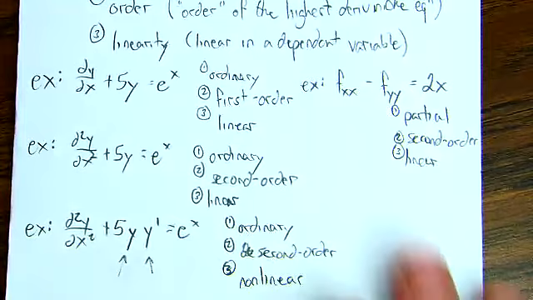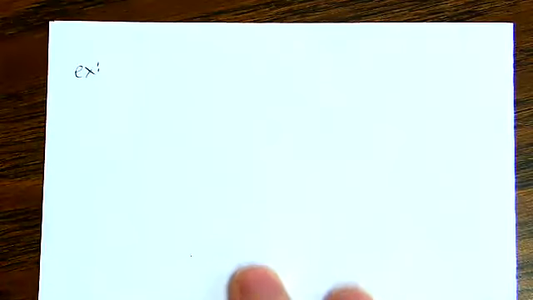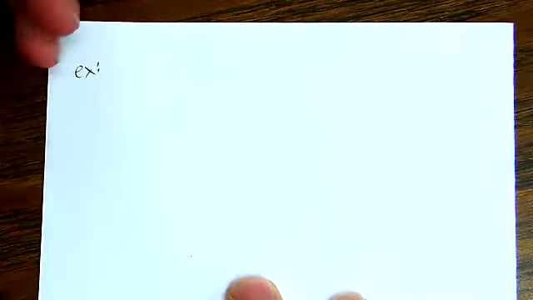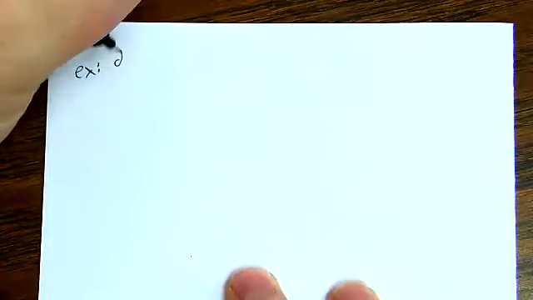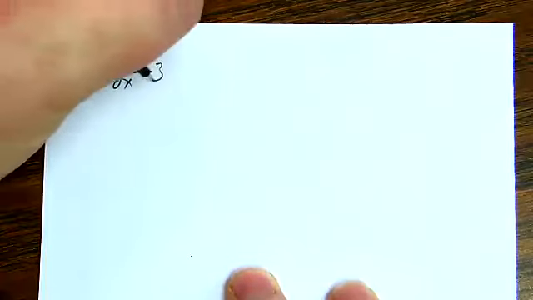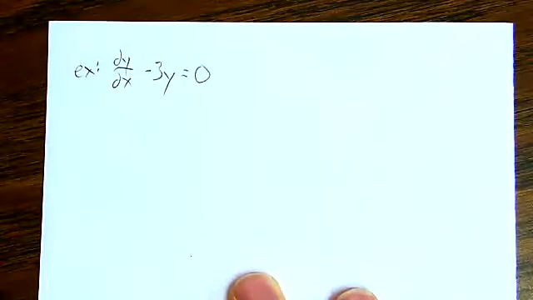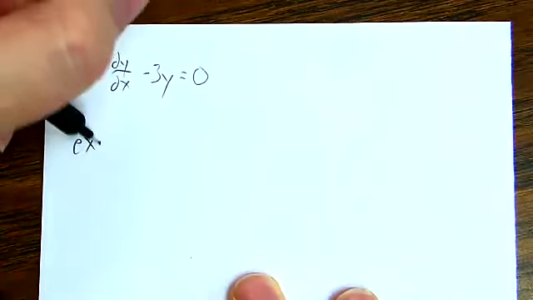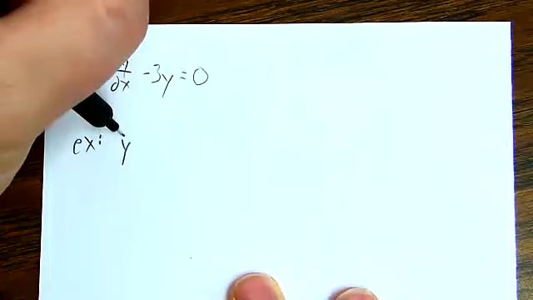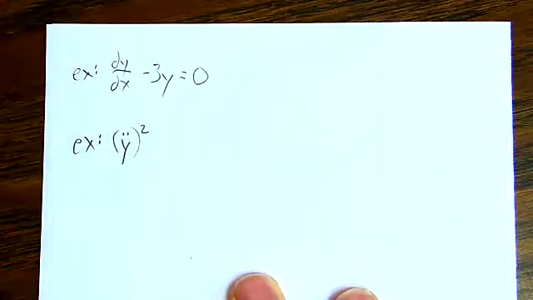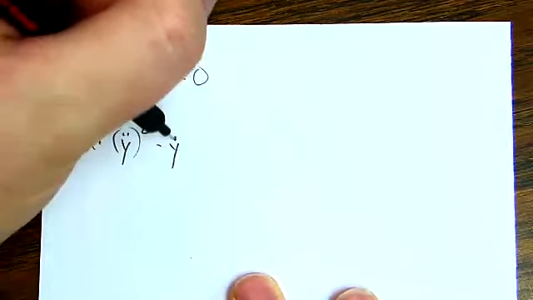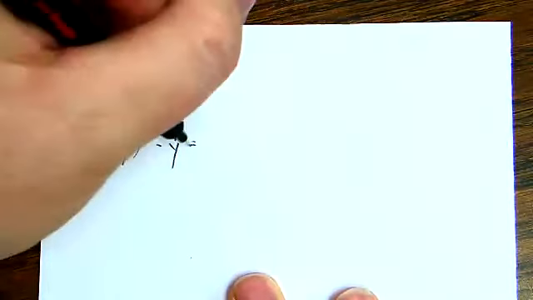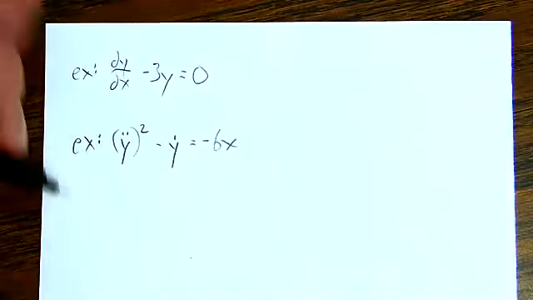So now we're going to have some examples. So let's look at, say, dy dx minus 3y equals 0. Let's look at y double dot squared minus y dot is equal to negative 6x.